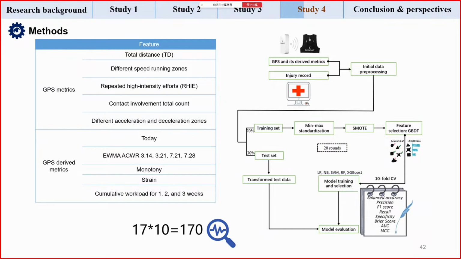A range of evaluation metrics were used, including balanced accuracy, precision, F1 score, recall, specificity, Brier score, area under curve, and Matthews correlation coefficient. And this process was repeated 20 times to ensure the stability and reliability of the results.